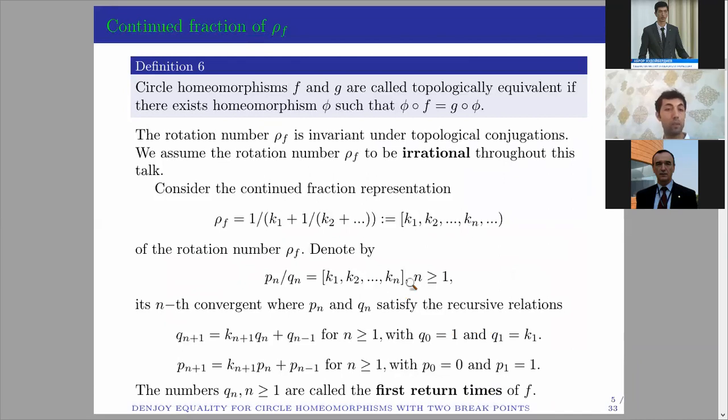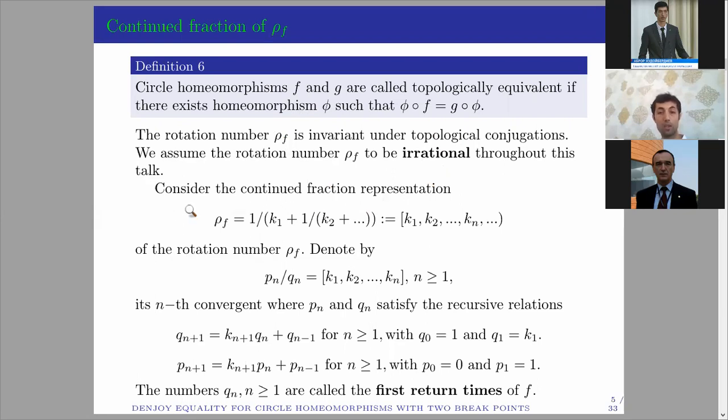On this slide, we consider the continued fraction expression of the irrational rotation number rho. Circle homeomorphisms f and g are called topologically conjugate if there exists a homeomorphism p that satisfies the following relation. And the irrational rotation number rho of f is invariant under topological conjugations.